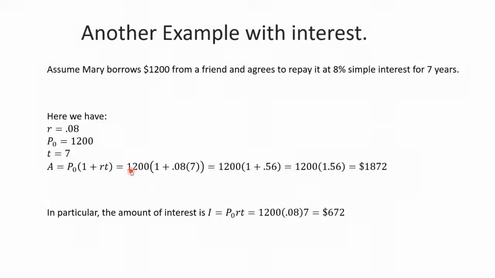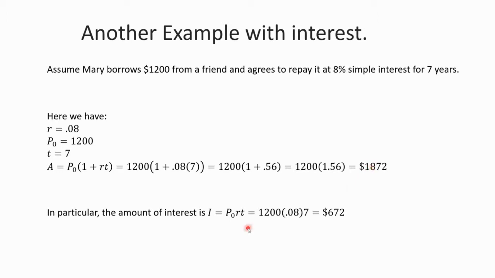That's going to be 1,200 times 1 plus 0.08 times 7, which turns out to be $1,872. So not only would Mary have to pay her friend $1,200, the original loan, she's paying more, right? Well, that more was the interest.